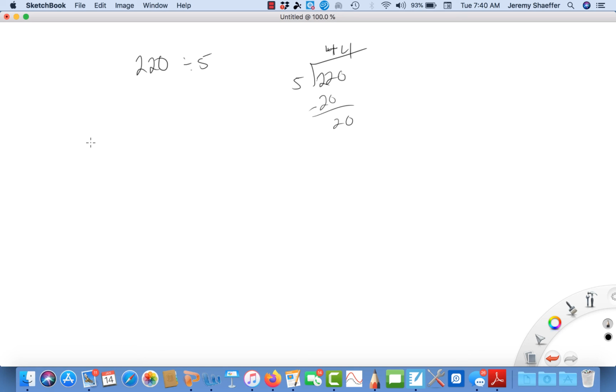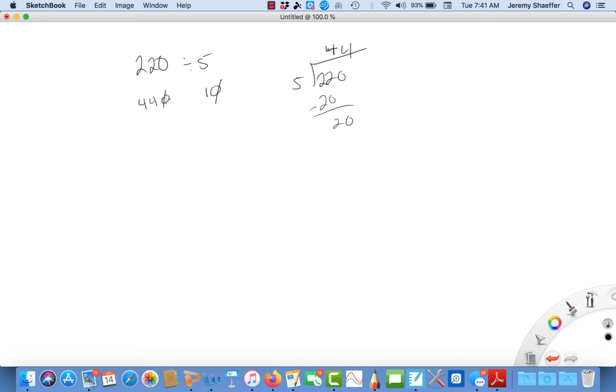It says double both numbers and mentally calculate the quotient. So what's the double of 5? 10. What's the double of 220? Well, it would be 440.